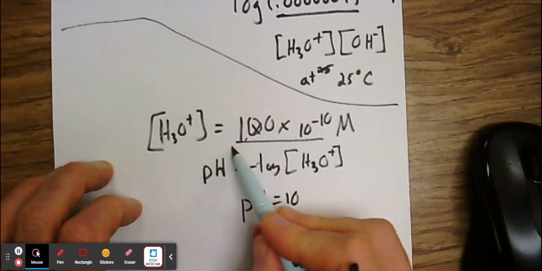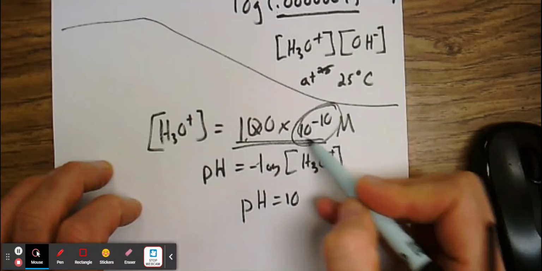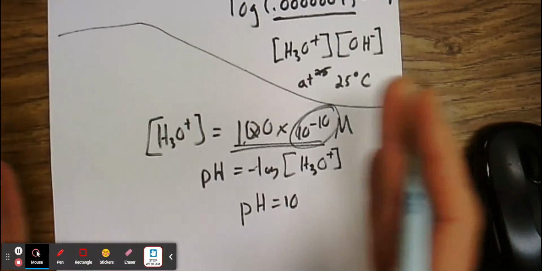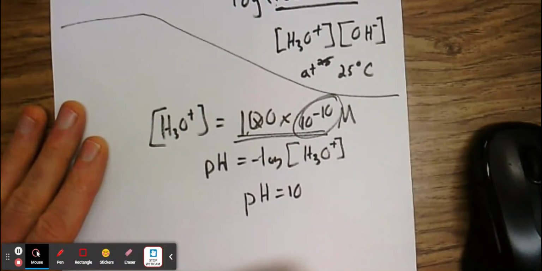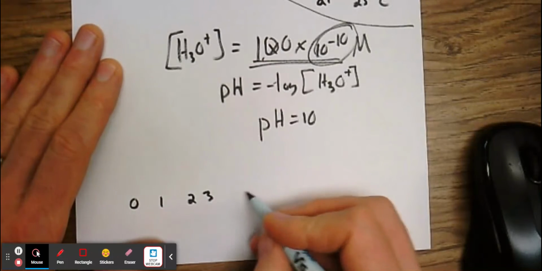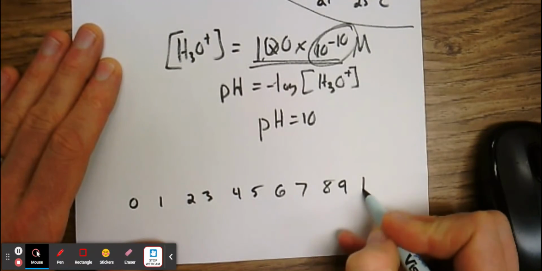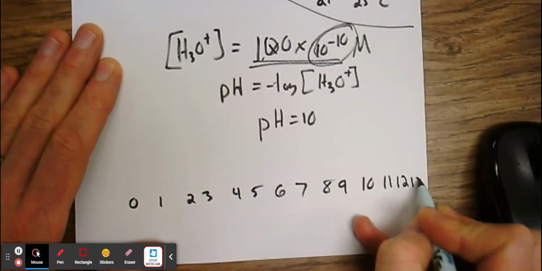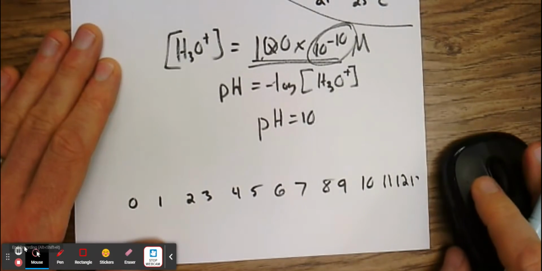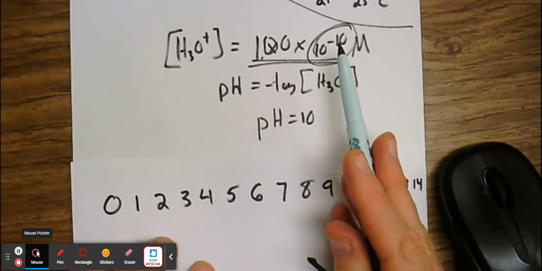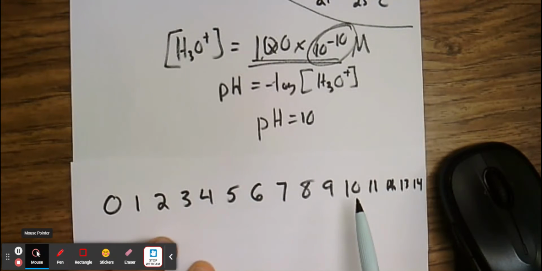So when you look at this, the exponent is your main thing that you want to go by. Since the log compresses numbers onto the scale of 0, 1, 2, 3, 4, 5, 6, 7, 8, 9, 10, 11, 12, 13, the -10 means it's going to be there.